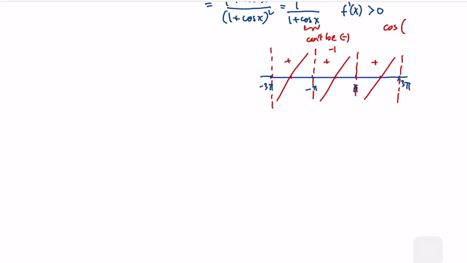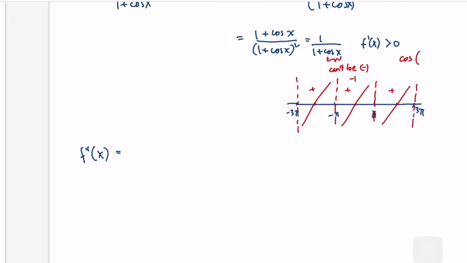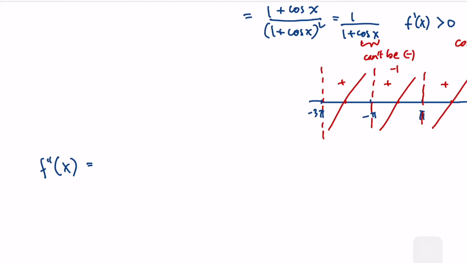And then if we check the second derivative, we can check from this first derivative. Let's say this is negative 1, so we can write this.